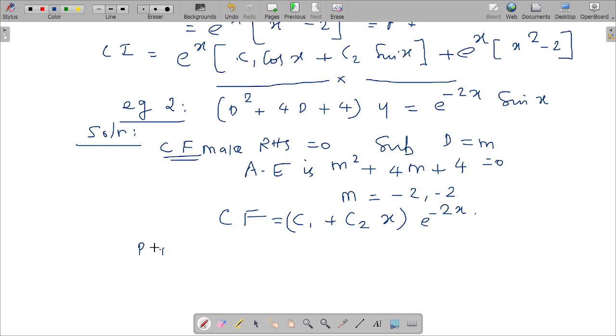To find the particular integral, equal to e power minus 2x sin x divided by d square plus 4d plus 4, which can be written as d plus 2 whole square.